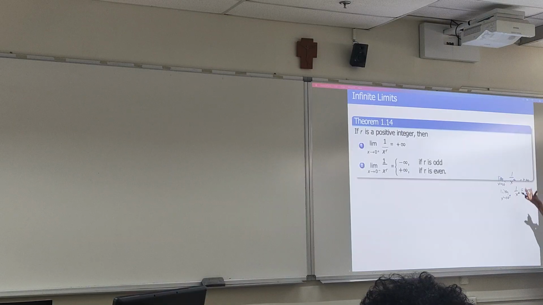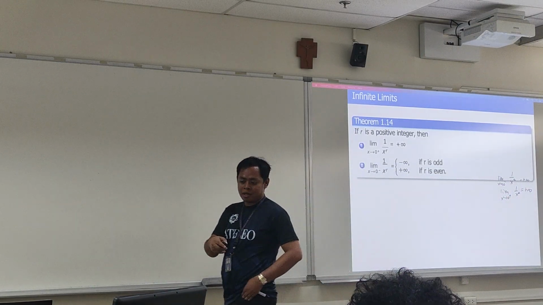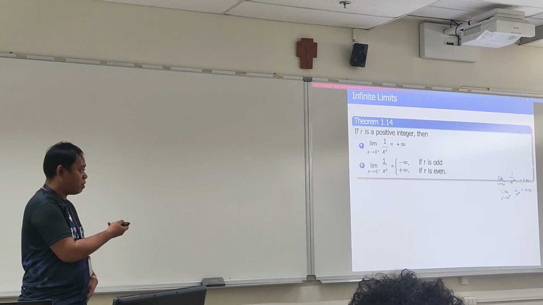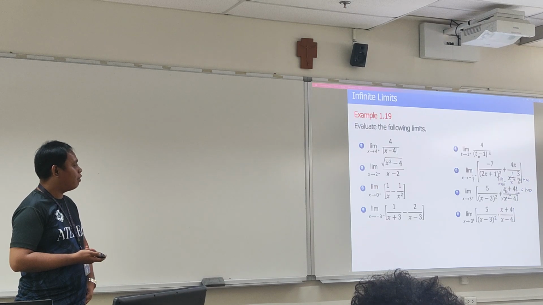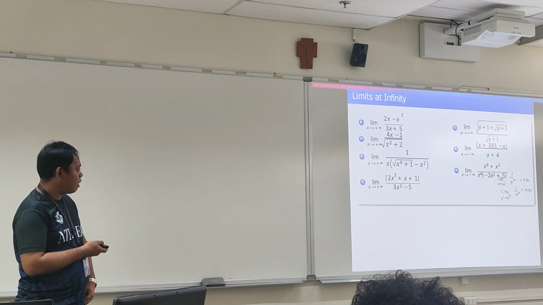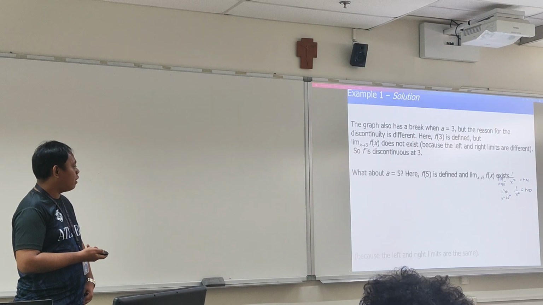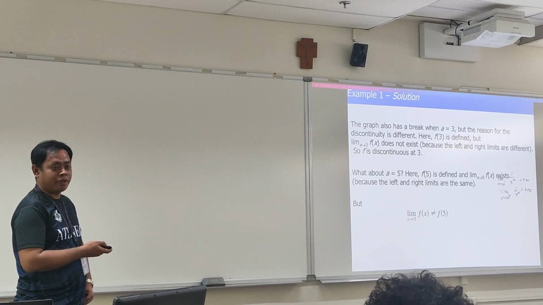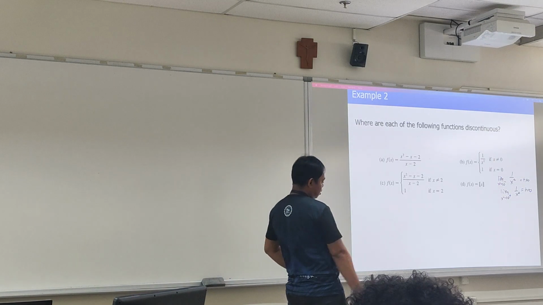And of course, the limit of your function is not the same as the value of f of a. We have to compare the value of the limit and the value of the function at x. So take note that at f of 0, the value is negative 1, and the limit is infinite, so they are not the same.